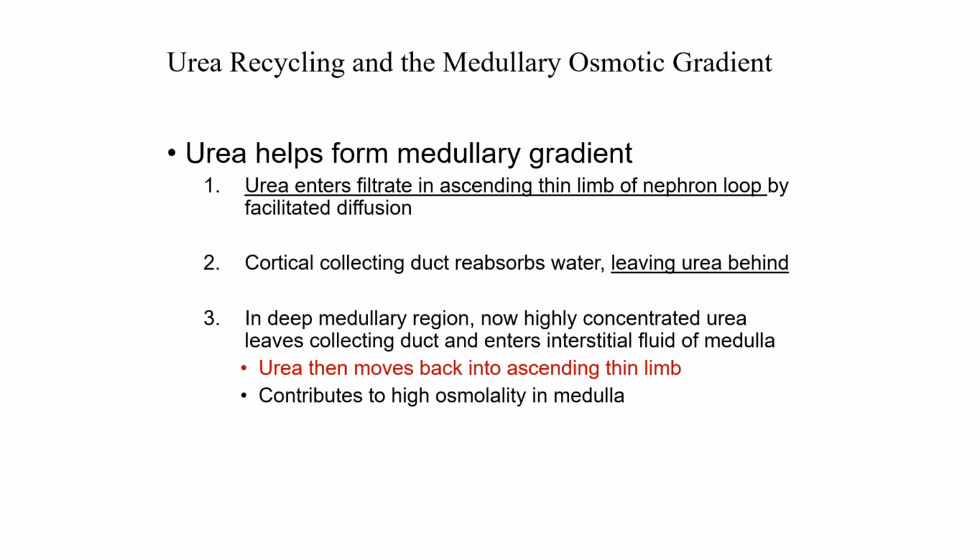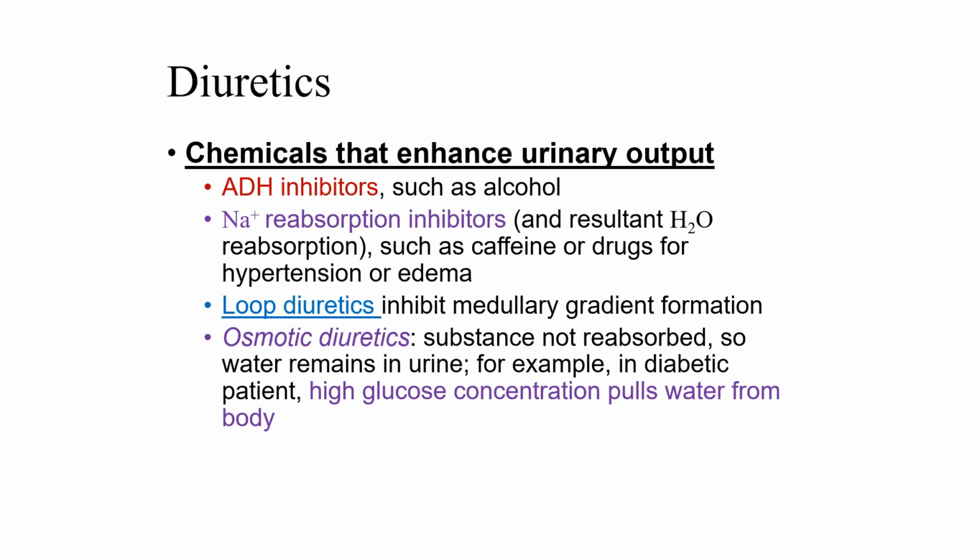So basically you have highly concentrated urea going into the medullary region, and it will leave the collecting duct and enter the interstitial fluid of the medulla. It'll then move back into the ascending limb and go round and round. And so this helps establish that 1200 milliosmol in the medulla.